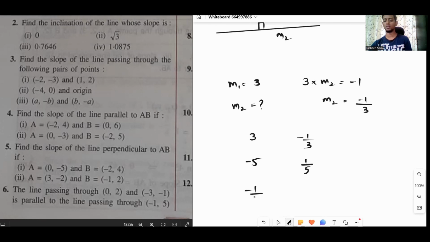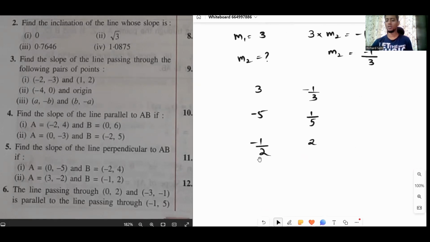What if it's minus 1 upon 2? Reciprocal and put the opposite sign. The reciprocal of 1 upon 2 is 2 upon 1, right? Do we need to write the upon 1? No. What about 3 upon 4? Minus 4 upon 3. Reciprocal and change the sign.